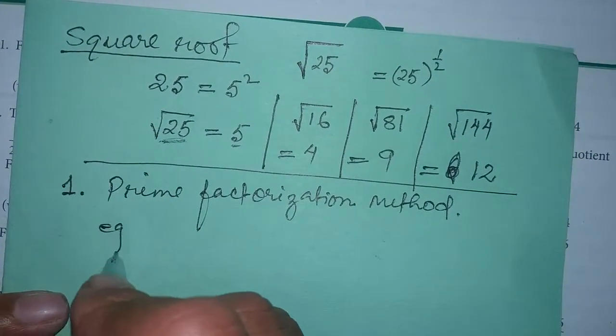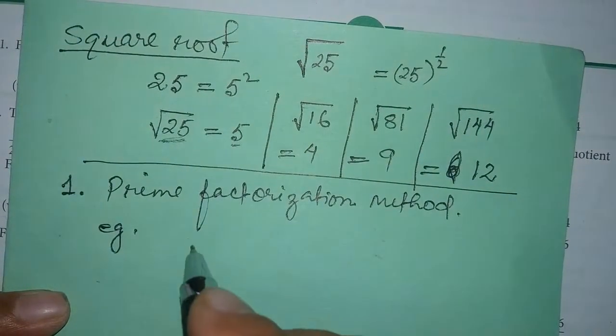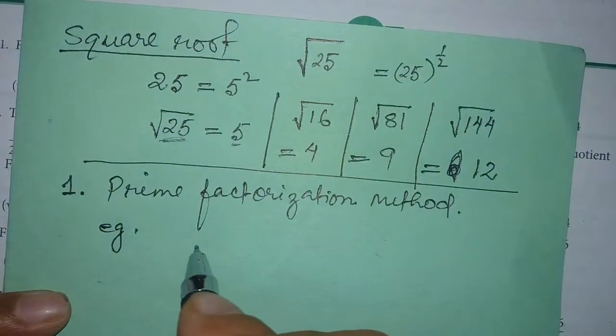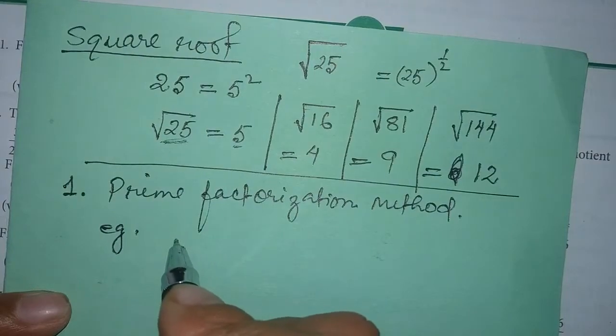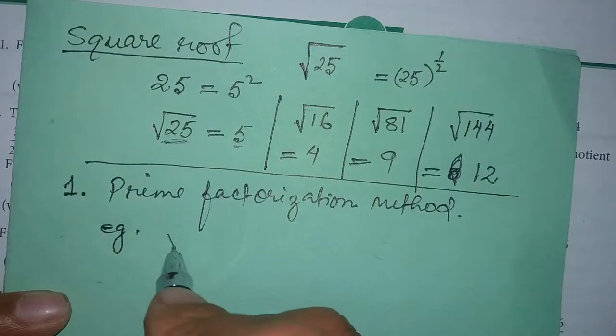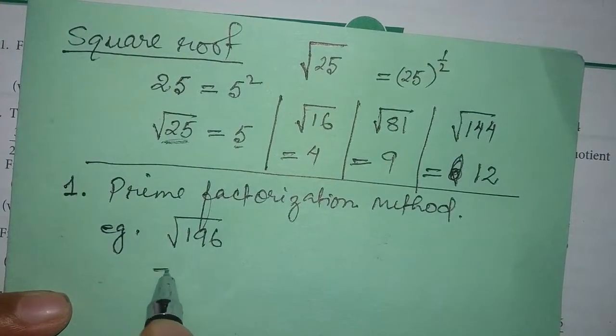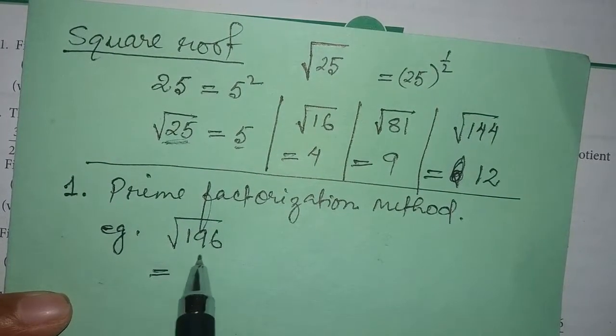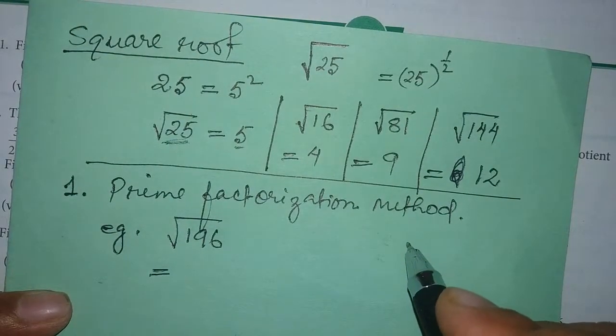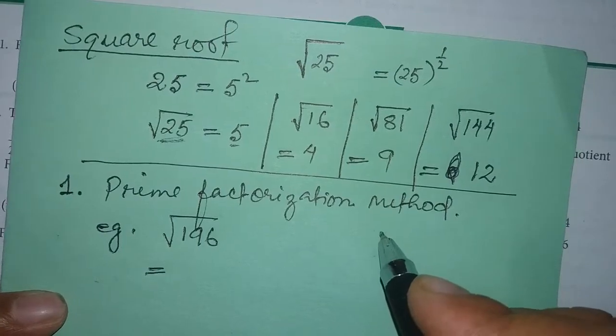Let's take an example here. Now let's take a number here. Let's say this is 196. Now we want to find the square root of 196. Now what we are going to do here is we will find the prime factors of 196.